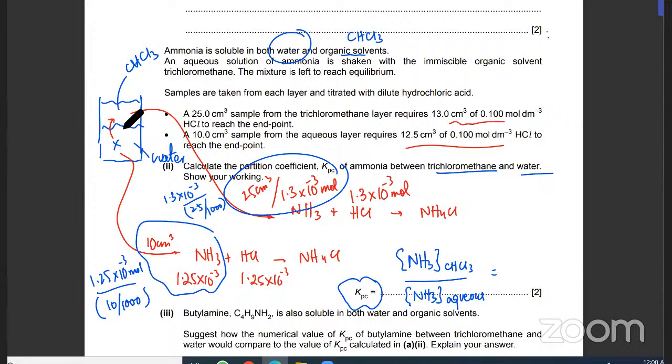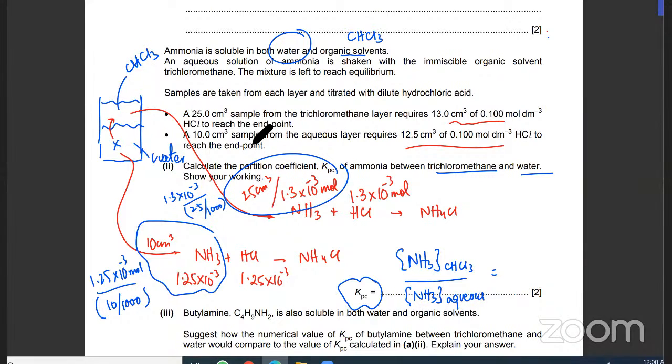Then he separately titrated both layers. He took a 25 cm³ sample of the trichloromethane layer and titrated it with HCl. He gave you the moles of HCl, and you were able to figure out the moles of ammonia. So you had an idea of the concentration of ammonia in this layer.